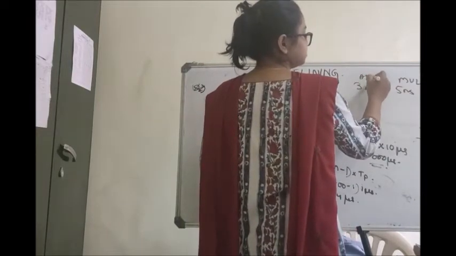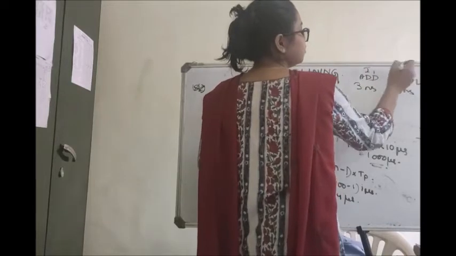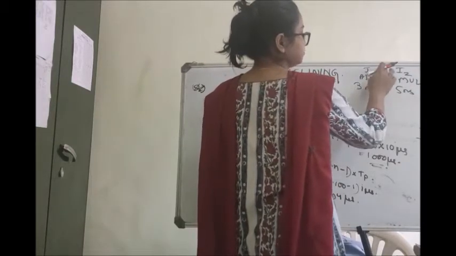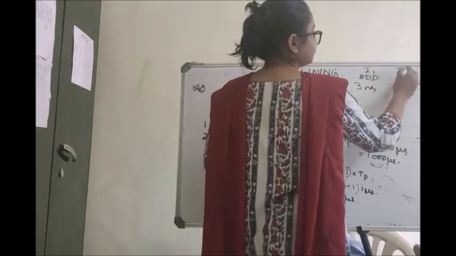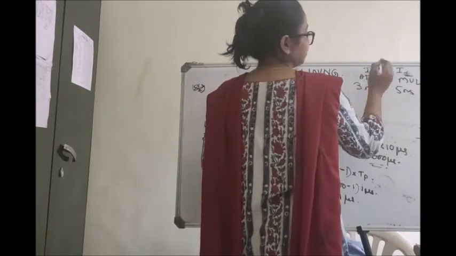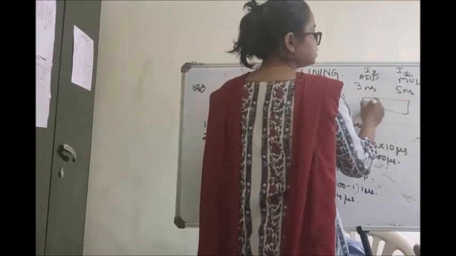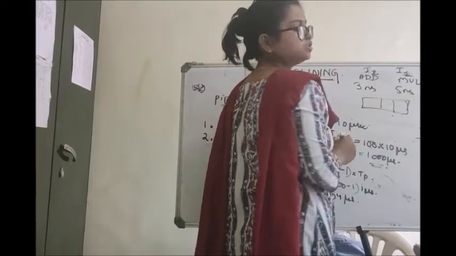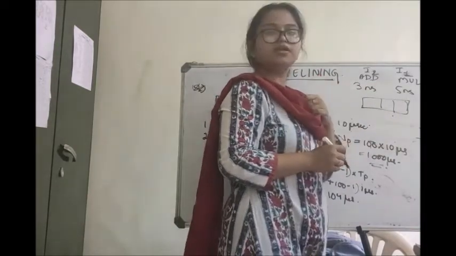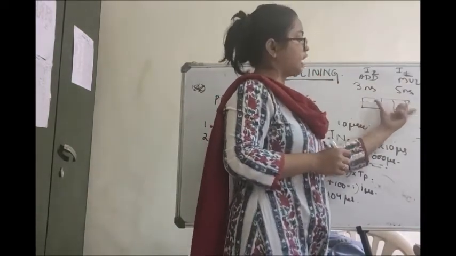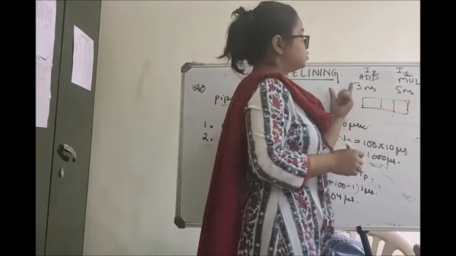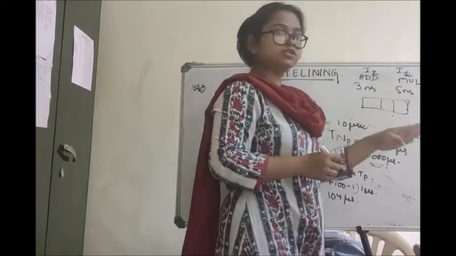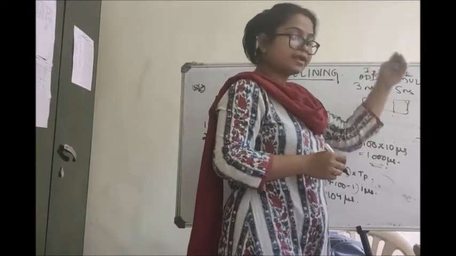Suppose this is I1, the 5 nanosecond multiplication, and this is I2, the addition. Multiplication is already happening, but addition cannot start, although it takes only 3 nanoseconds, because first we have to complete the 5 nanoseconds. So the addition operation has to wait for the multiplication to get completed.